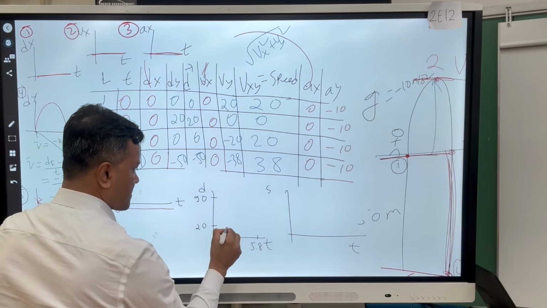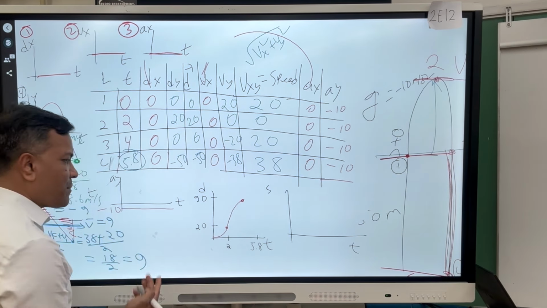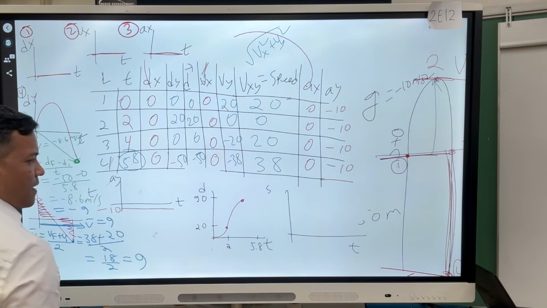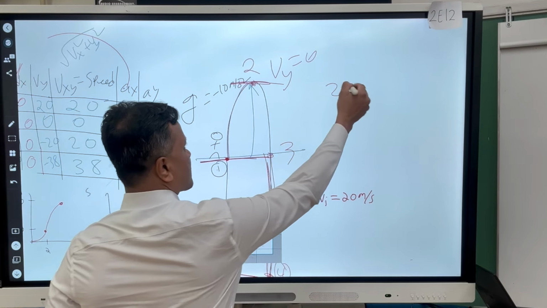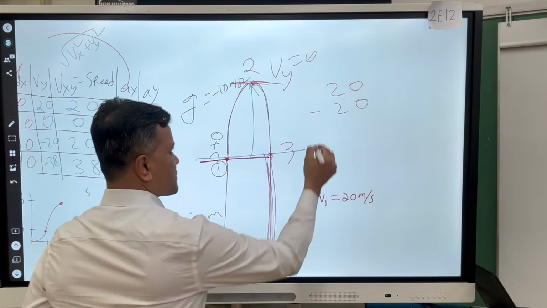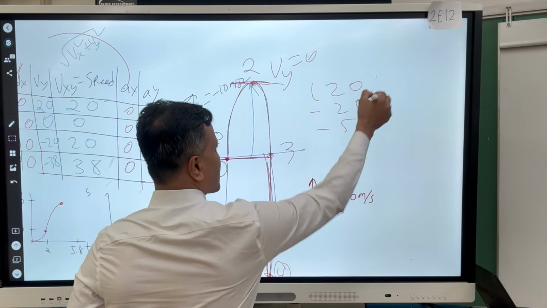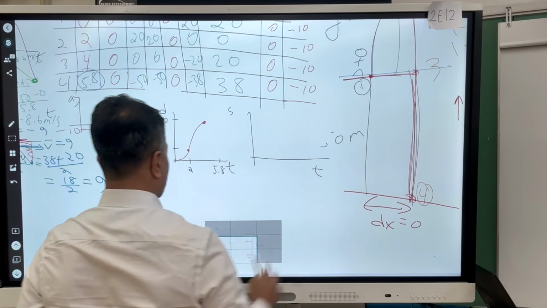Why is 5.8 seconds 90? Let's see. From here to here is 20. From here to here is 20. From here to here is 50. So total is 90.